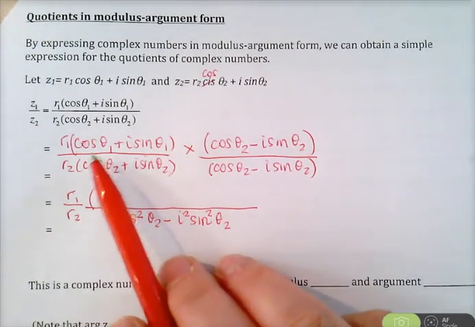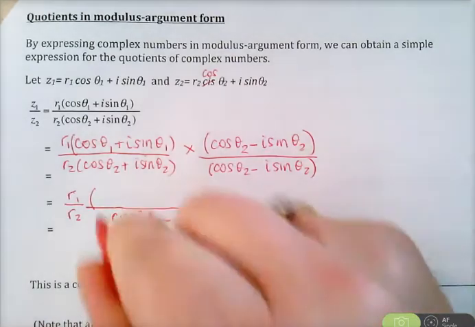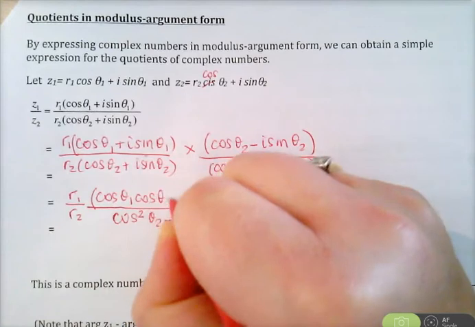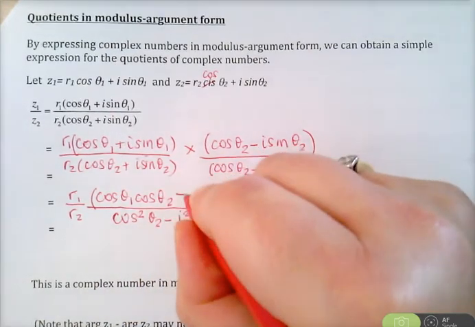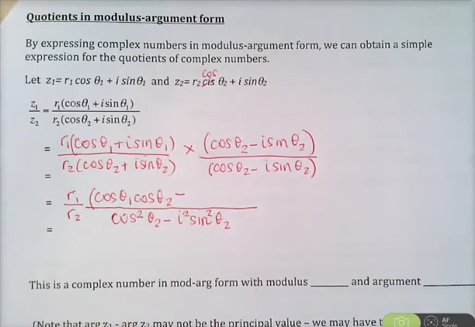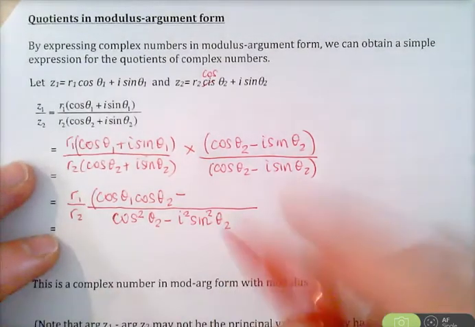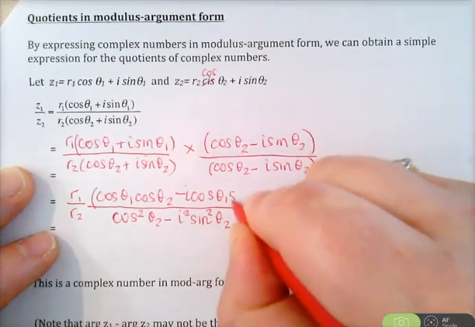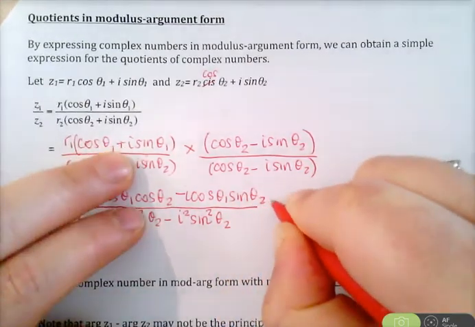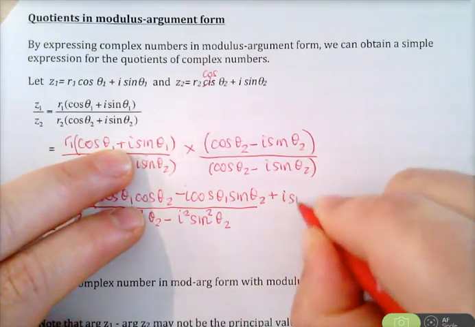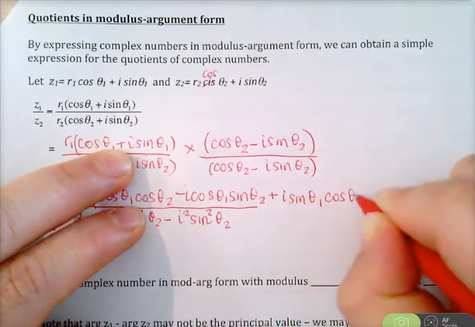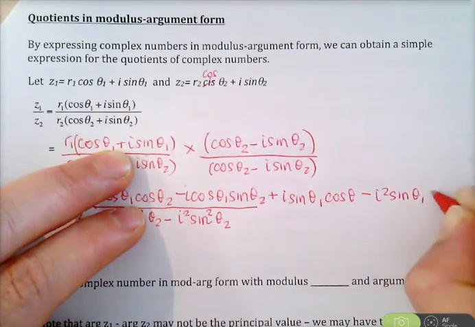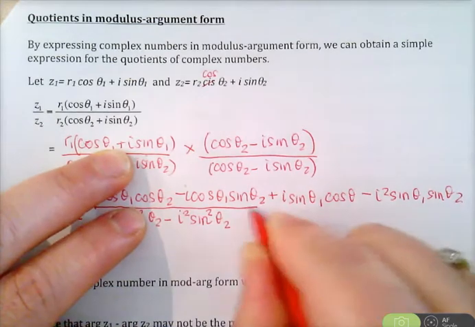And on the numerator, we've got cos theta 1 cos theta 2 minus i cos theta 1 sine theta 2, then plus i sine theta 1 cos theta 2, and then minus i squared sine theta 1 sine theta 2.